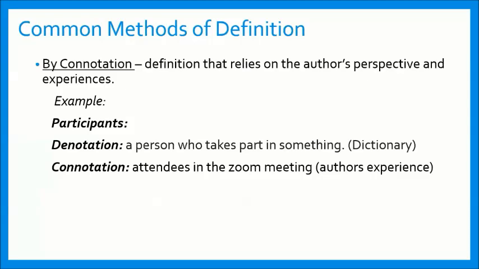Okay, and then the next one is connotation. This is the definition that relies on the author's perspective and experiences. So sometimes if we lack references or resources, we want to define something out of our own knowledge. And that is not bad.